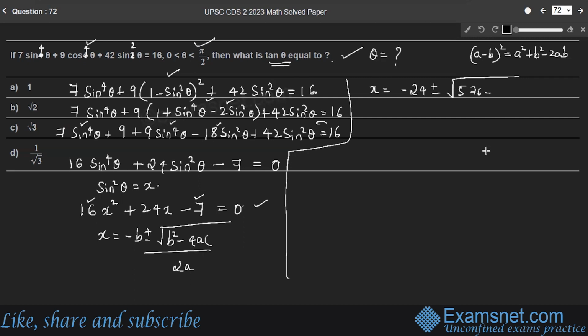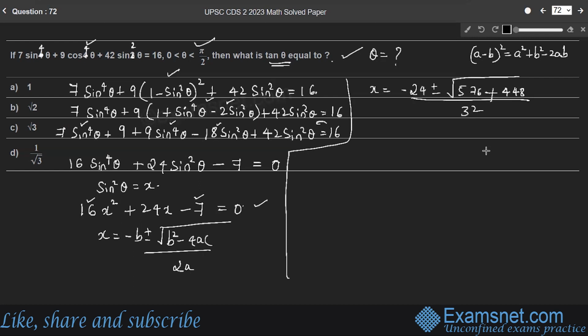So minus becomes plus here. a is 16, c is minus 7, so 4 into 16 into 7, 448 we have, divided by 2 times a, 2 into 16.